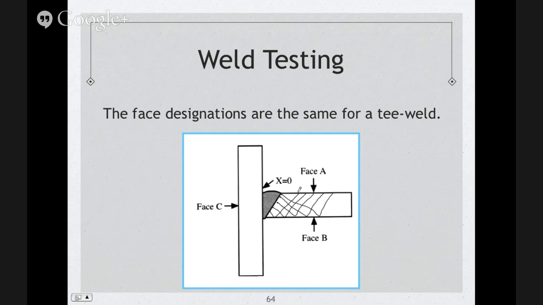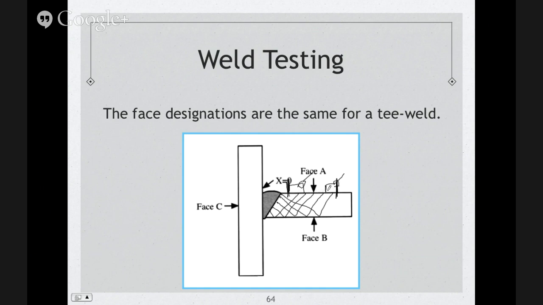To get full coverage, let's say you need to scan from here to here, right? So you need all this access in order to scan this whole weld from face A. You need all this access on this face of the material.